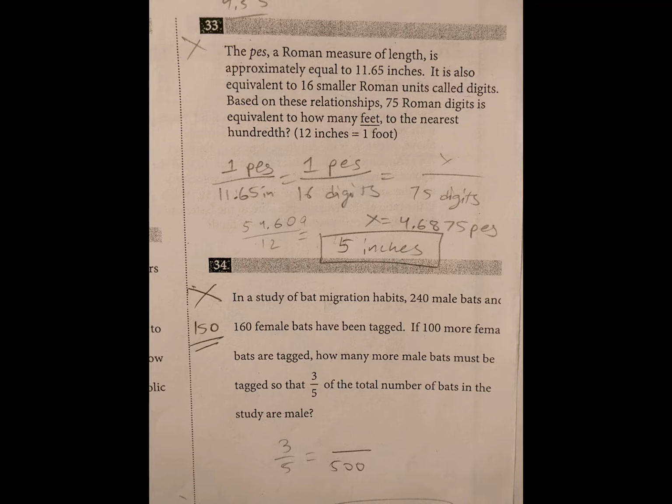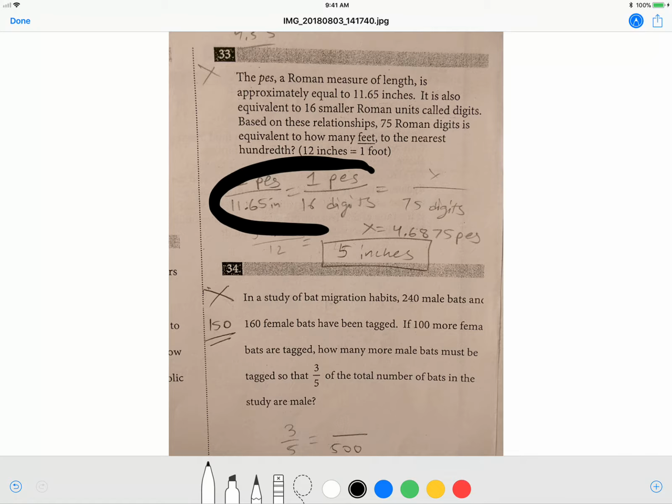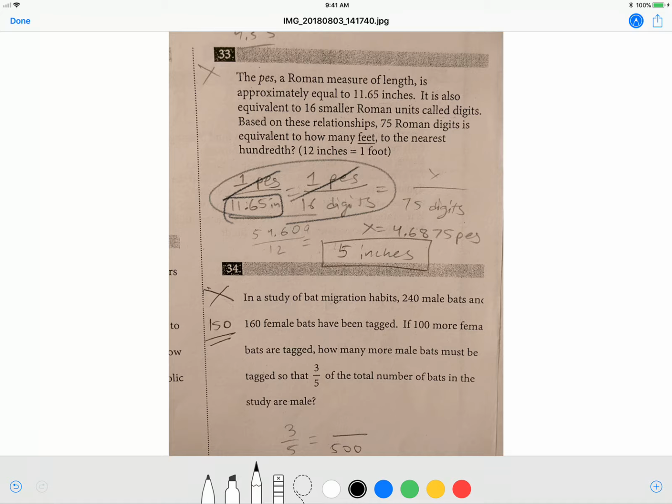Okay, so your ratio right here is actually good. So you have one pes, and that's 11.65. I think you can just say 11.65 inches means it's 16 smaller Roman units called digits, right?